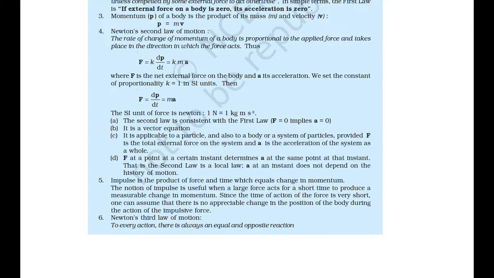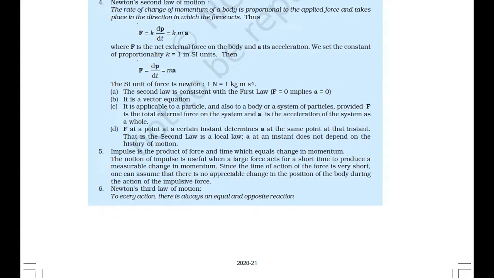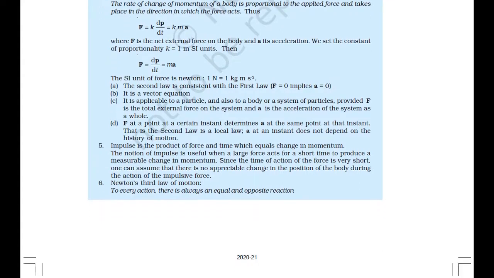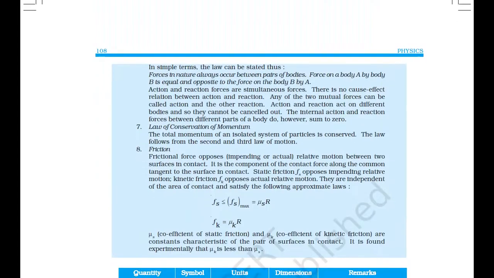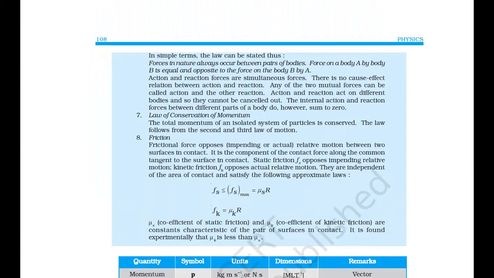And Newton's last law is Newton's third law of motion: to every action there is always an equal and opposite reaction. In simple terms the law can be stated thus: forces in nature always occur between pairs of bodies.